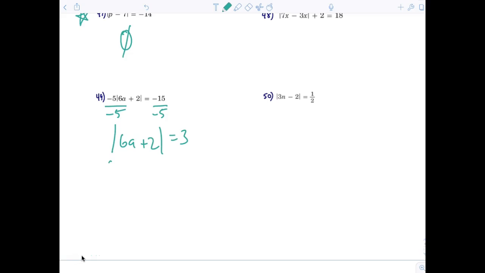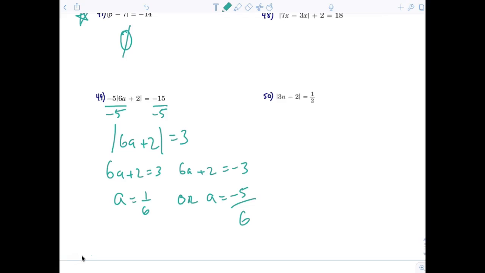And so now I have 6a plus 2 equals 3, and 6a plus 2 equals negative 3. And now solving that out, we could just say a is 1/6, or a could be negative 5/6. Those are the two review sections.